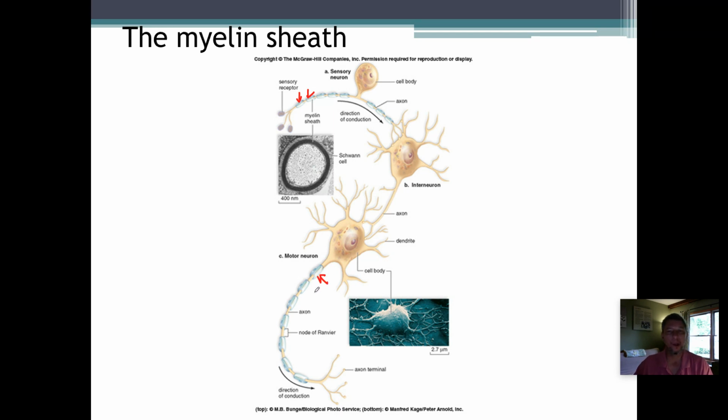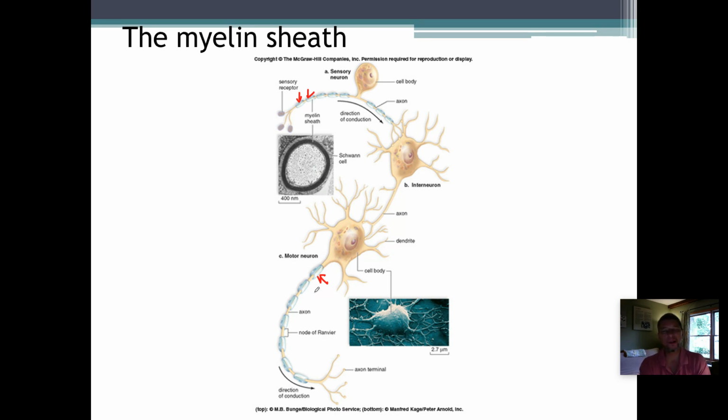Now, on a sensory neuron, you find myelin wrapping around not only the axons but also the dendrites. You don't find myelin inside the brain or the spinal cord, but you do find it on the axons of motor neurons. So, what exactly is this stuff, and what is its purpose?